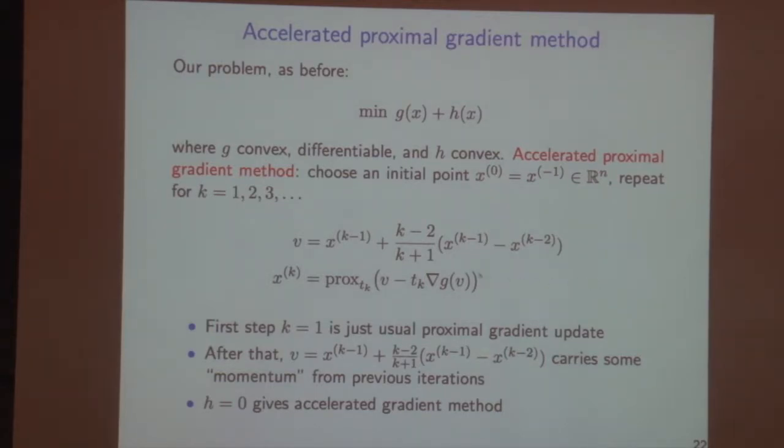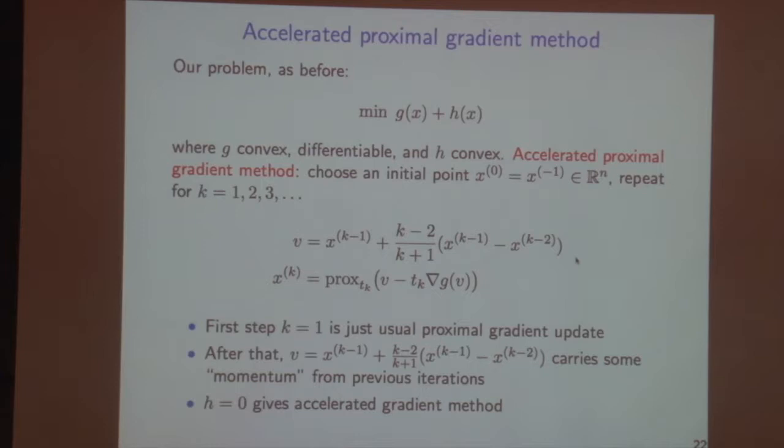And what do these weights look like across iterations? Do they get bigger or smaller as k increases? When k is 1, maybe I meant to say k is 2.